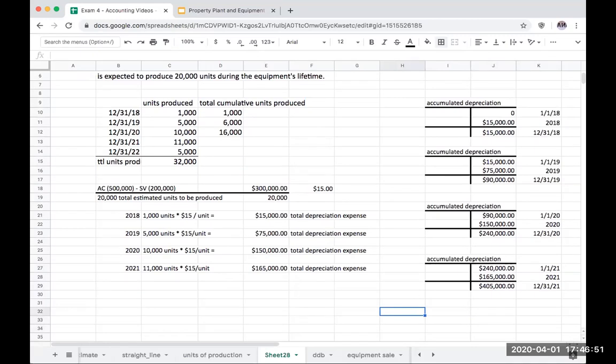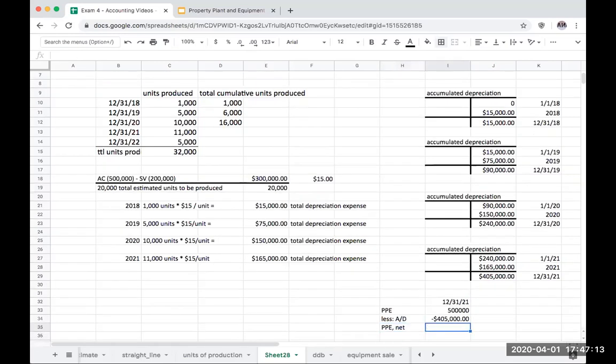Now, if I looked at my net book value as of December 31st, 2021, my net book value is my property, plant, and equipment, which is 500,000, my acquisition cost, less my accumulated depreciation here at 405. I would get PP&E net of the depreciation of 95,000.